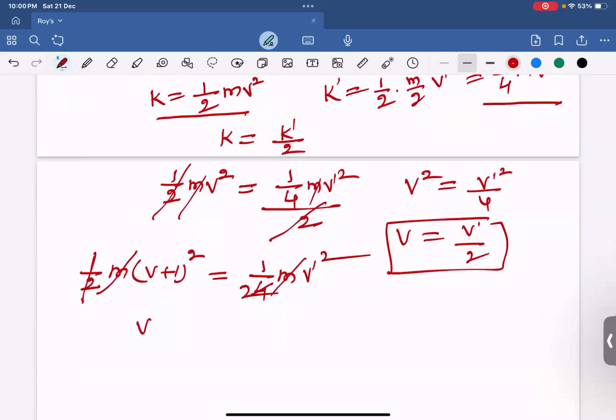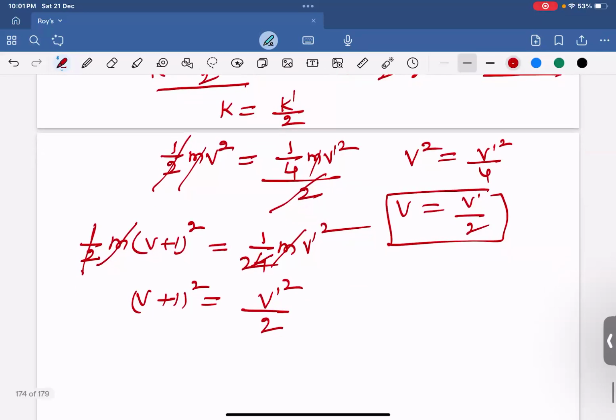So what you see is that v plus 1 square is equal to v dash square by 2. In place of v dash, by the earlier equation, I can use 2v.